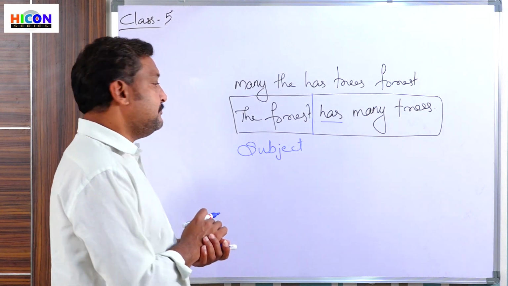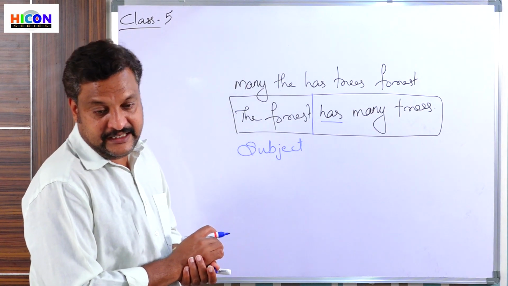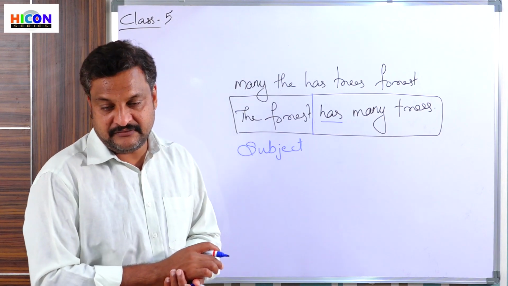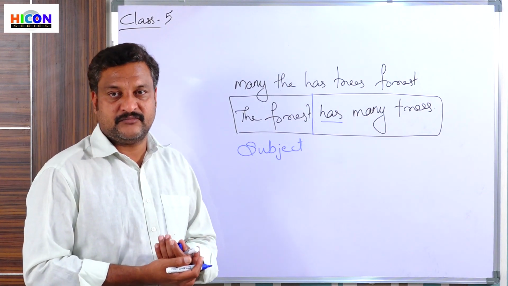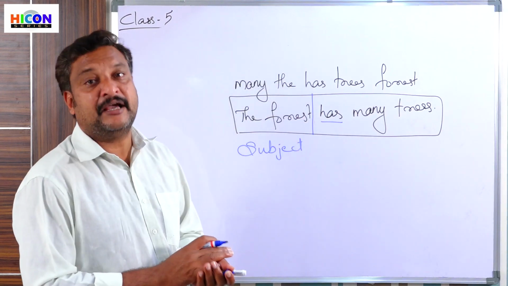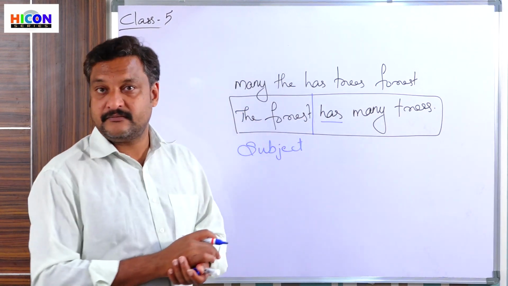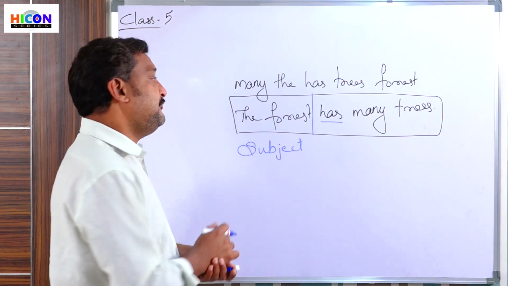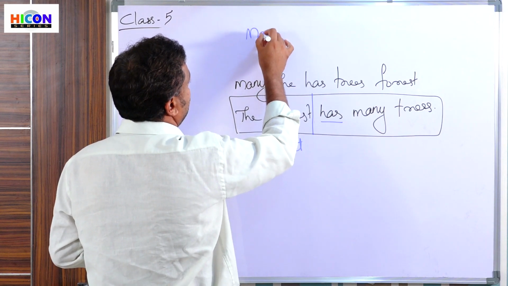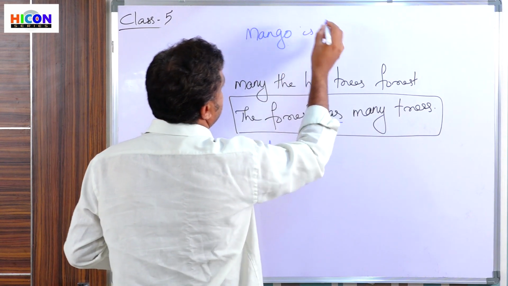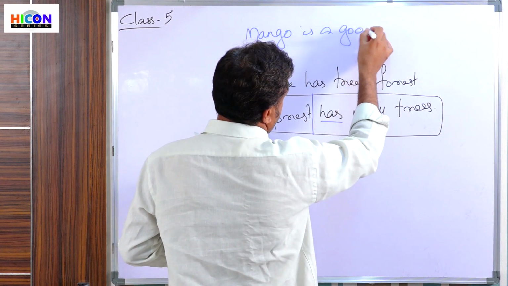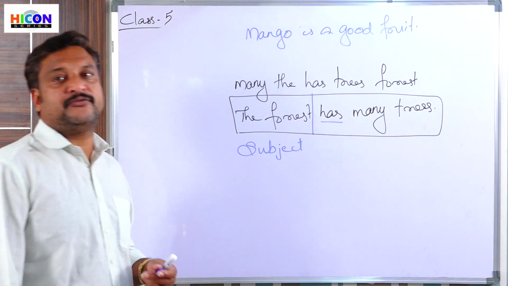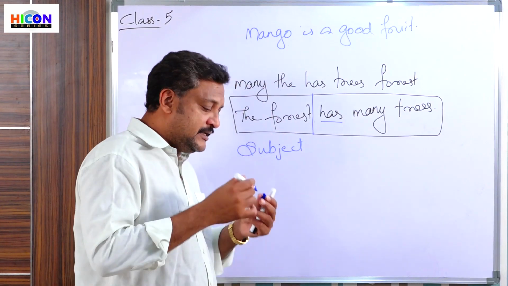Okay. So the subject of a sentence is usually the name of a person, a place, or a thing that we speak about in the sentence. So in this sentence we are speaking about what? A forest, isn't it? If I say mango is a good fruit, what are we speaking about in that sentence?